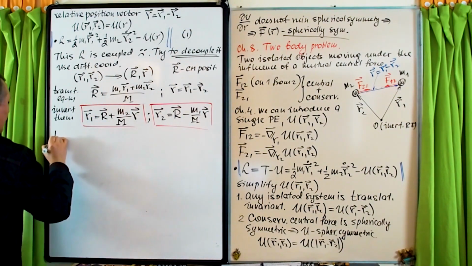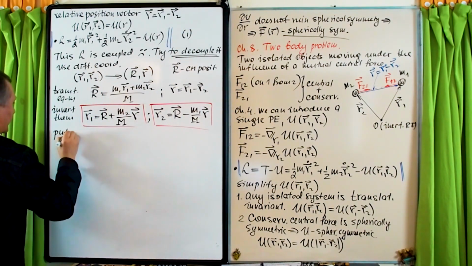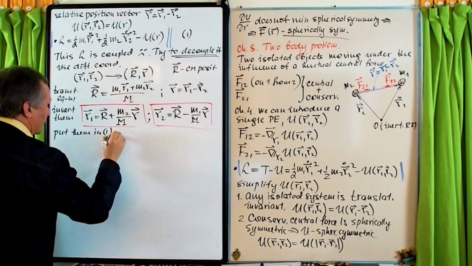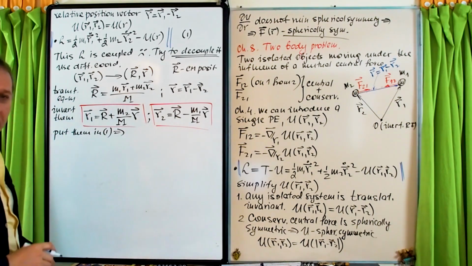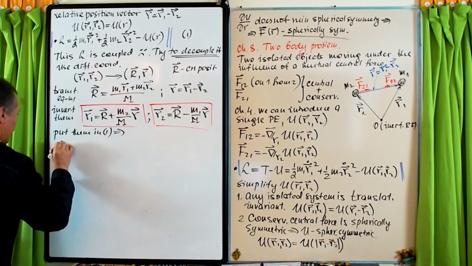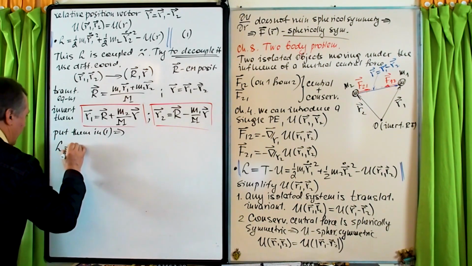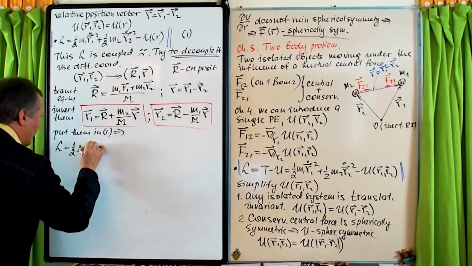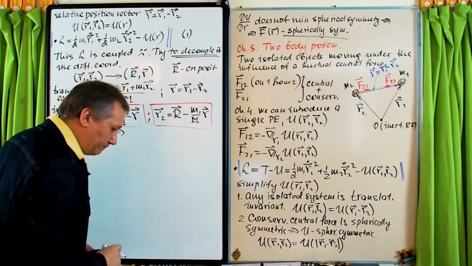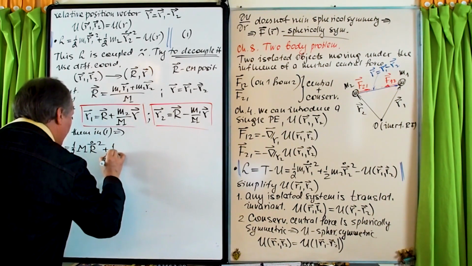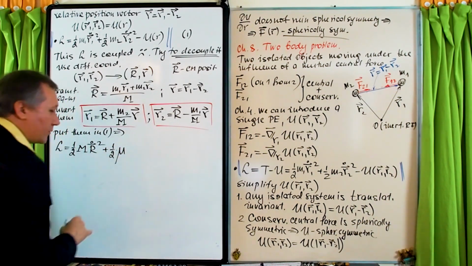So now put them in 1, and as a result, after some algebra, you will end up with this Lagrangian. So Lagrangian equals 1 over 2 m capital R dot squared plus 1 over 2 mu, reduced mass.